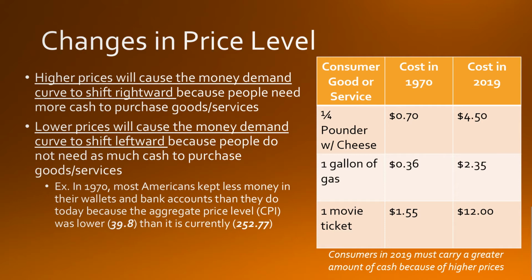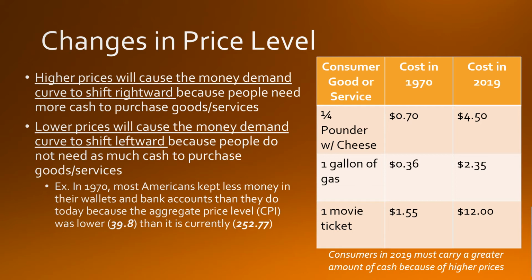So even if you had a big gas guzzling car with a 20-gallon tank, you're only going to spend about $7 to fill it up. And then one movie ticket back then was about $1.50, so for two movie tickets, $3. All in, you could go on a date, even paying for your significant other, and you needed less than $20 in your pocket, right?